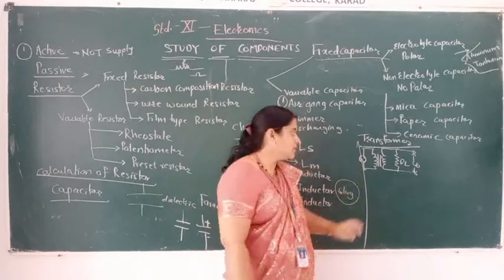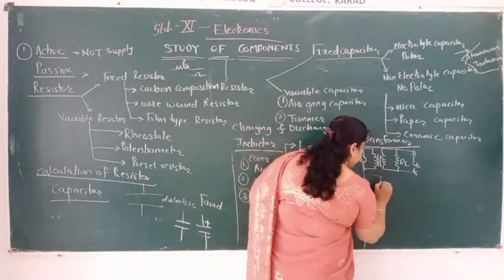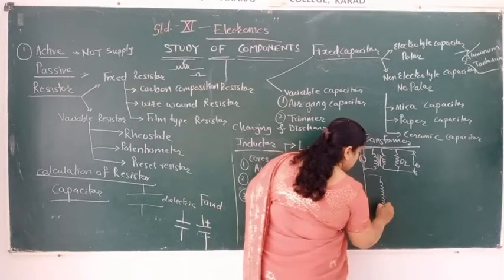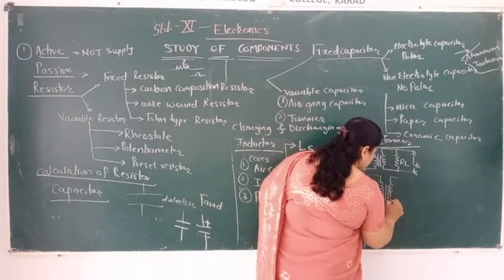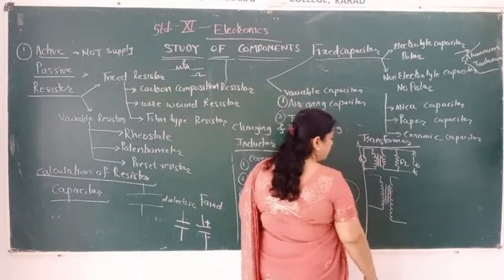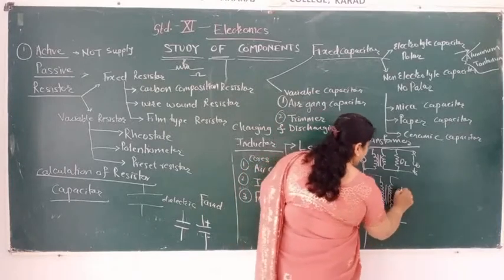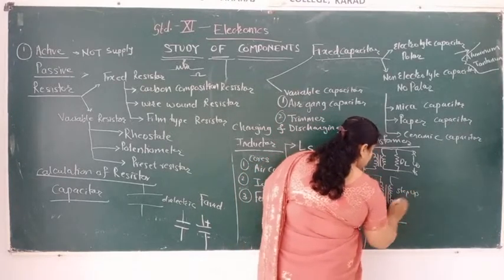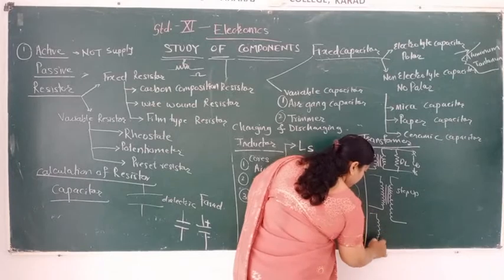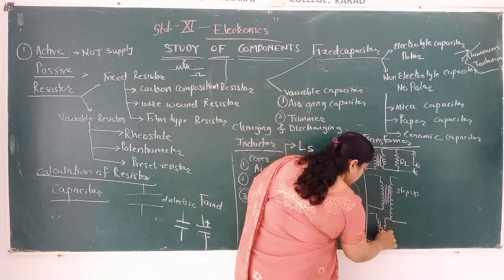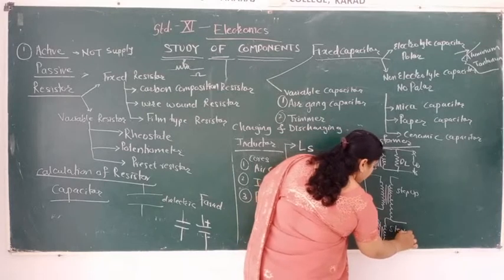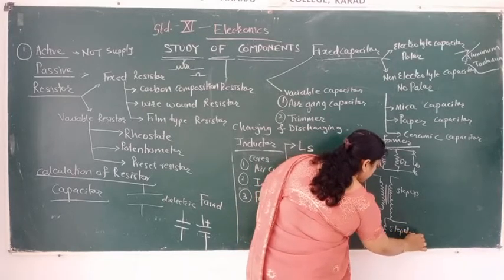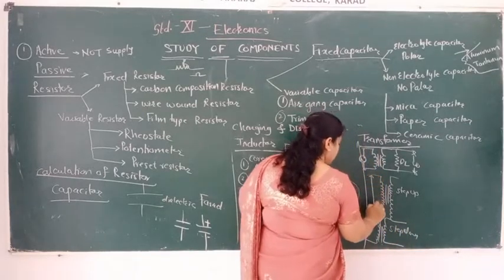If the number of turns of the secondary is greater than the primary, it is called a step up transformer, and exactly opposite, if the number of turns of the primary is greater than the number of turns of the secondary, it is called a step down transformer.